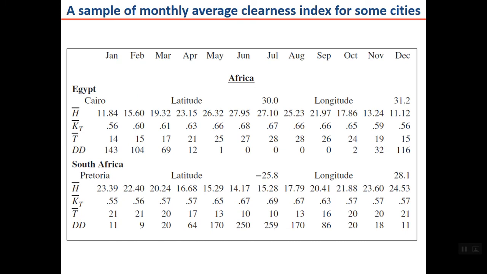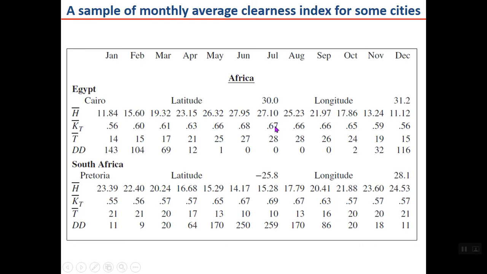Clearness Index values, generally the monthly average daily values, are tabulated in different references, and here you can see, for example, this is the appendix of the textbook, and for Cairo in Egypt, the KT bar value for the month of July, where we are, is 0.67.